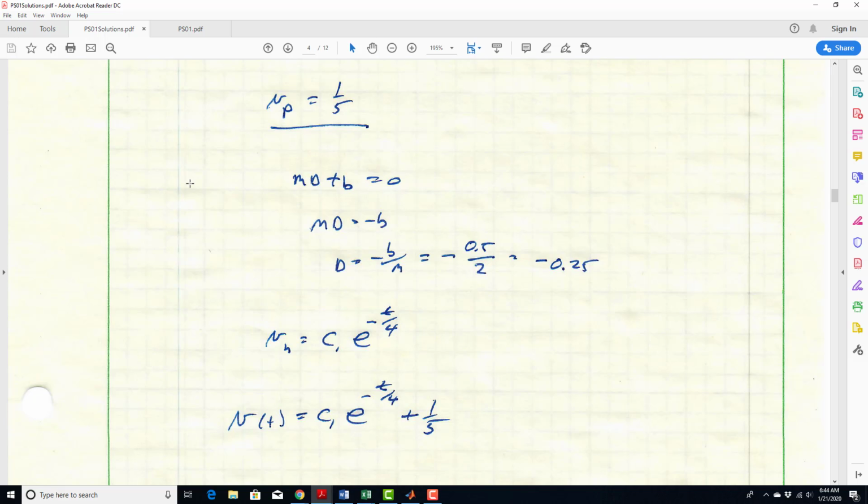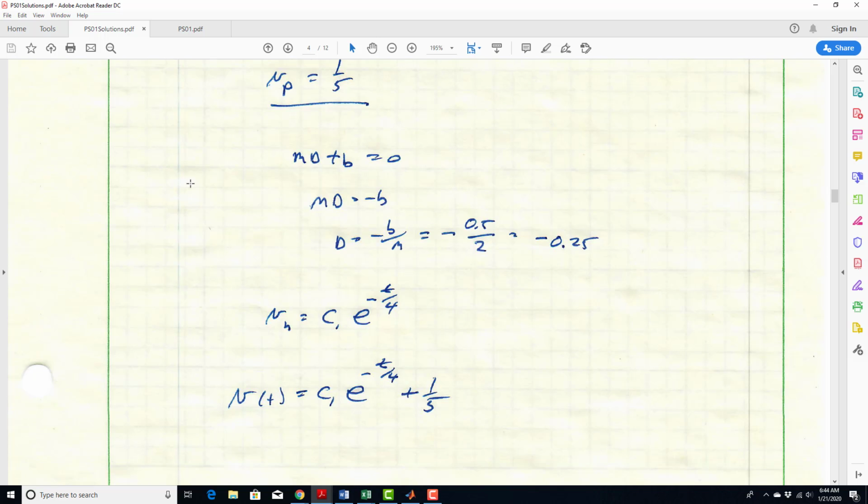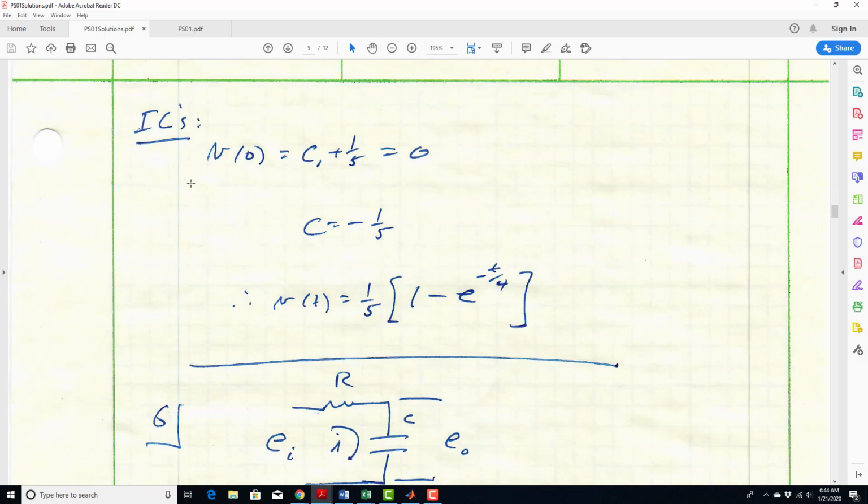And combining that with the particular solution gives us this total solution of c1 e to the minus t over 4 plus 1/5. And finally we apply the initial conditions, that at t equals 0 that total solution has to also be 0, which leads us to the conclusion that that constant has to be -1/5.